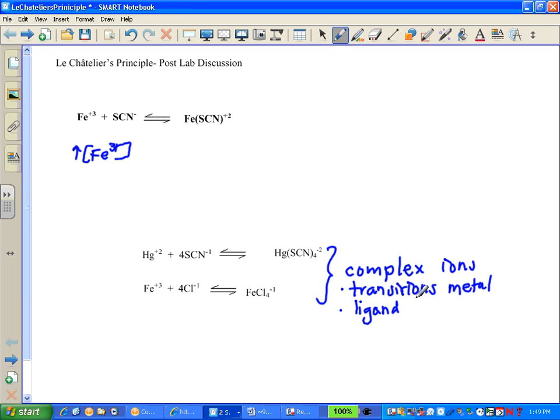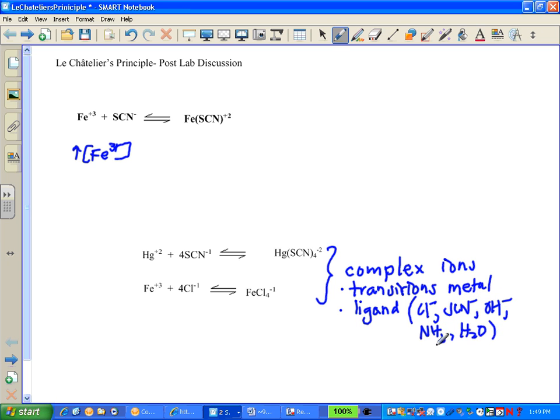There are a few options for ligands, so we'll make a list here. Chloride ions are possible ligands. Thiocyanate ions are possible ligands. Hydroxide ions can be ligands. NH3, ammonia, can be a ligand. H2O can be a ligand. I think that covers most of the most common ones.